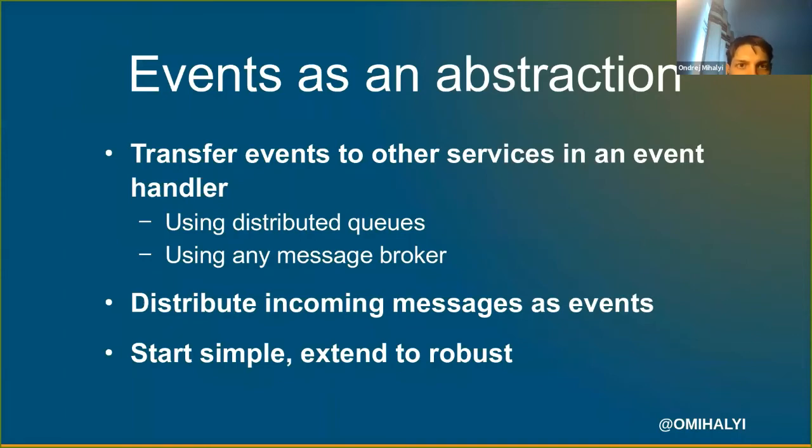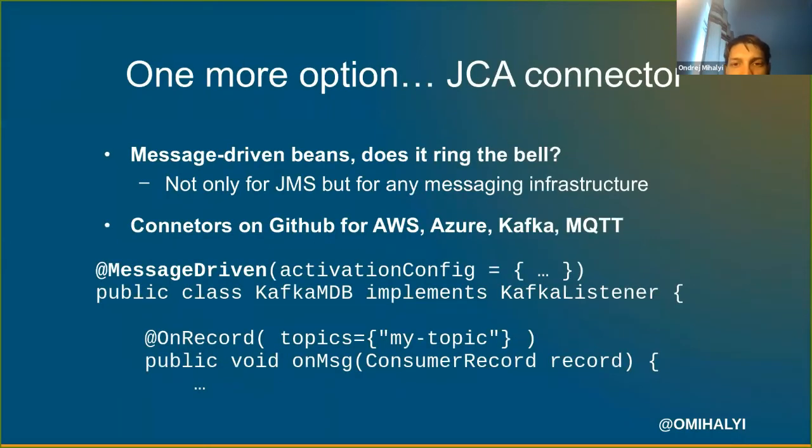When you need to grow, you can use some other standard, which is the JCACHE connector. This is again a standard that you can use with a lot of implementations.